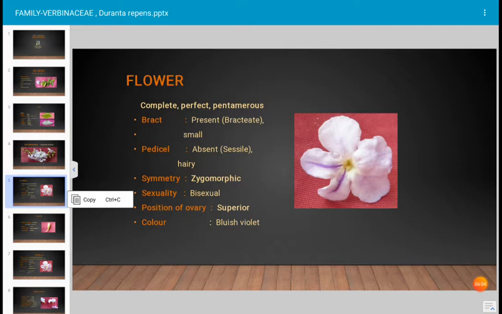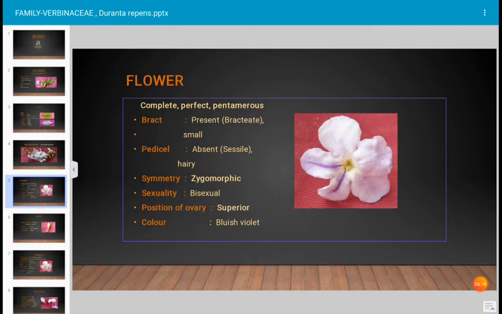Hence the flower is zygomorphic, or bilaterally symmetrical. The flower has androecium as well as gynoecium. Therefore, the flower is described as bisexual. Bi means two. A bisexual flower, or hermaphrodite flower.